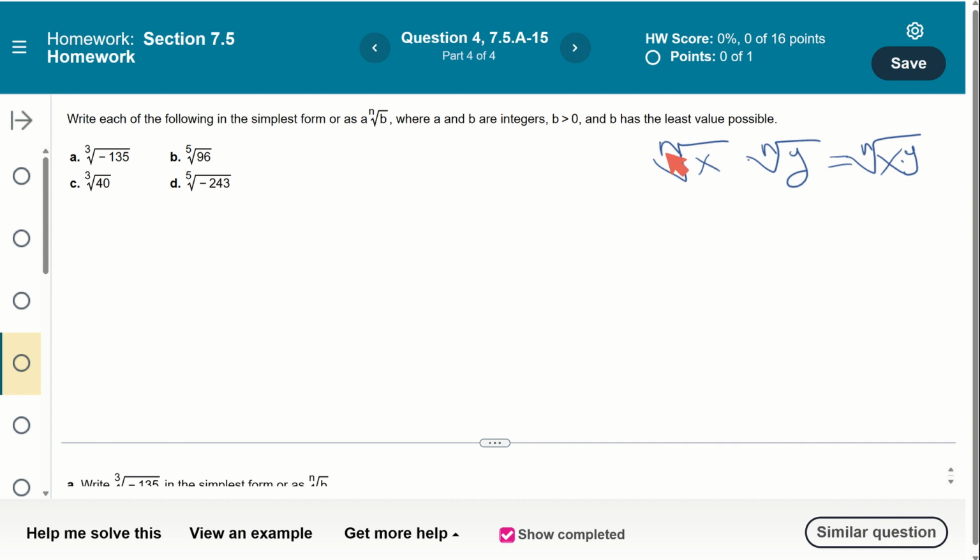So let's use this property and prime factorization to, for example, simplify the cube root of negative 135. Here's the way we proceed. Let's go ahead and find the prime factorization of 135. Now we know that the sum of the digits is 9. 5 plus 3 plus 1, that's 9.